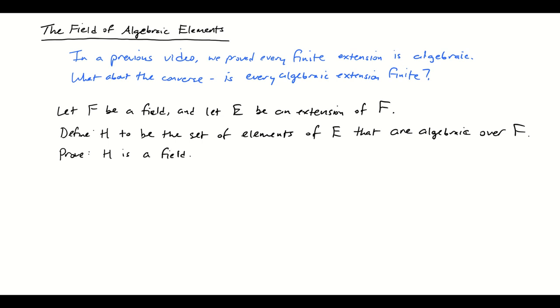Okay. At first we don't know that. We just know that H is a subset of E, which is a field, but we don't know that H has any closure properties, that it has multiplicative inverses, or anything like that.